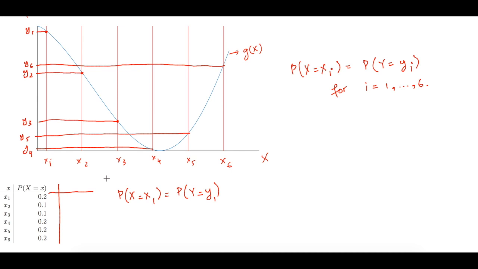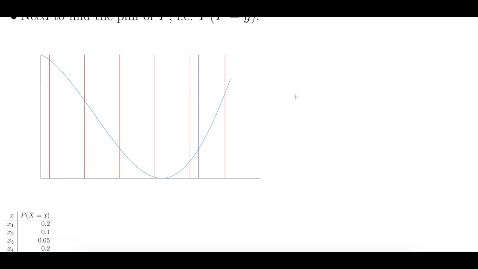Okay, so now let's consider another case. We have x1, x2, x3, x4, x5, x6 here, and x7 here. Again we have a mapping of this to this, this to this.